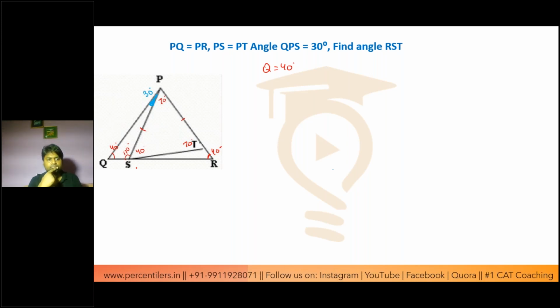Okay. 30, 40, 70, 110. 70, 40. 30 आ रहा है यार, क्या प्रॉब्लम हो गया? 40, 40, 80, 180, 30.